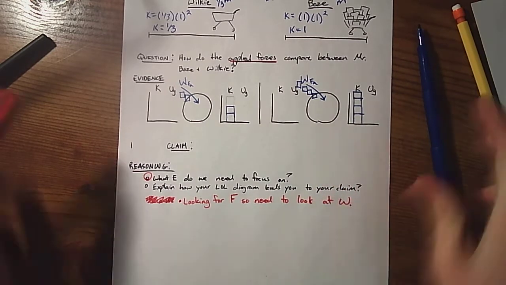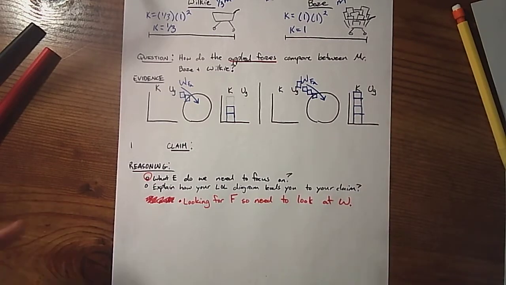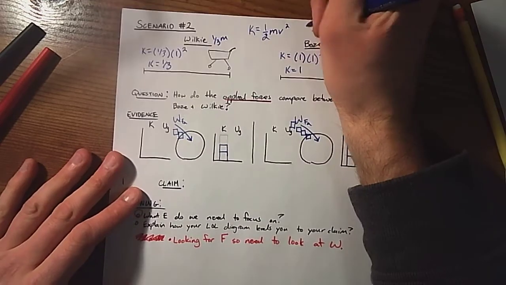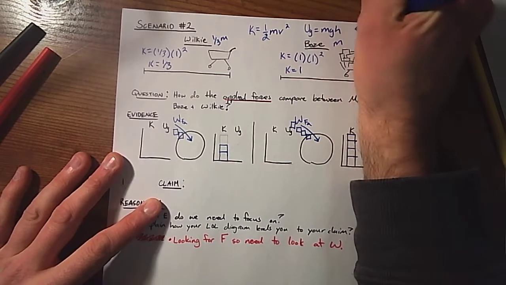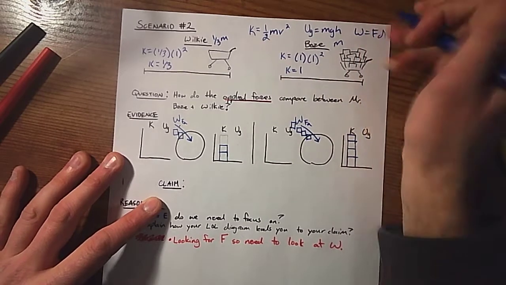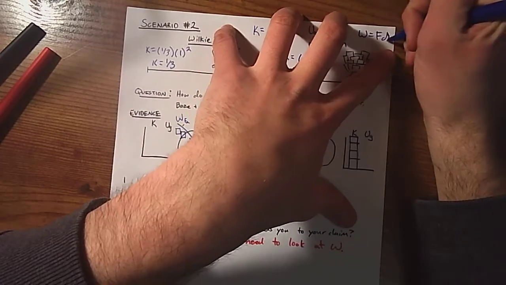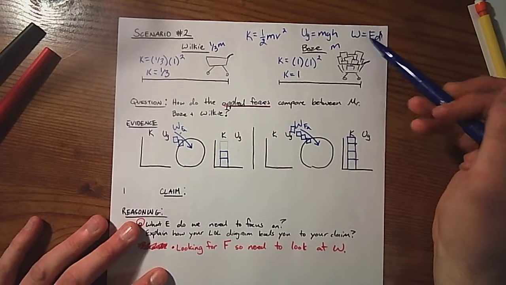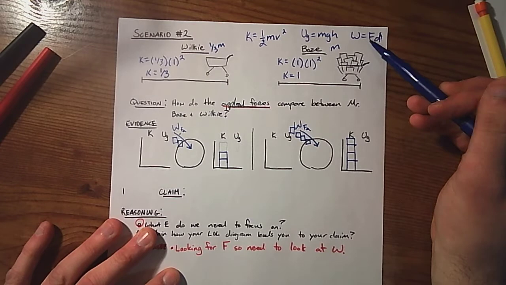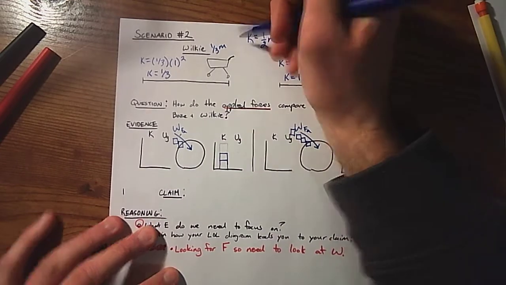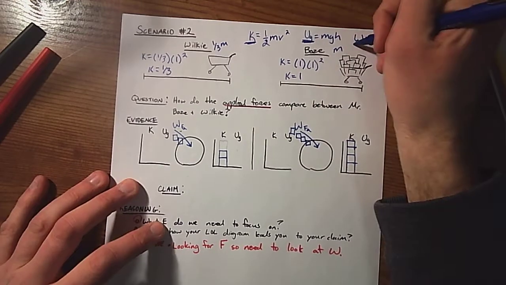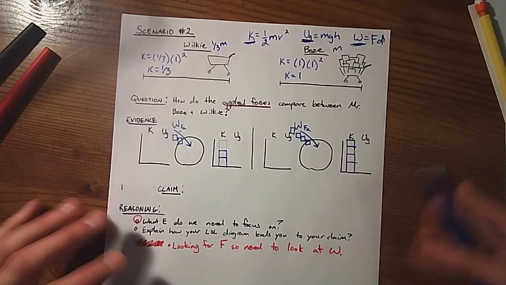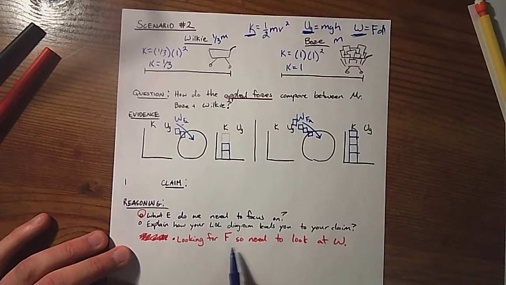By the way, how I know that is if I write down all my equations, right? K equals 1/2 mv squared, UG is equal to mgh, work is equal to force times distance. This is the only equation that has force in it. And remember, my LOL just tells me my energies, so I'm only able to look at kinetic energy, potential, or work here. Right, so now I'm looking for force, so I need to look at work.